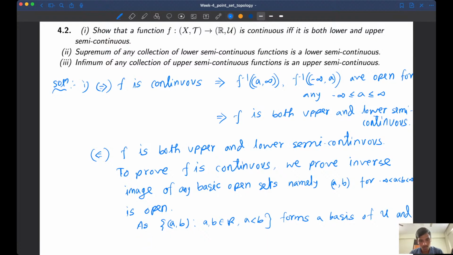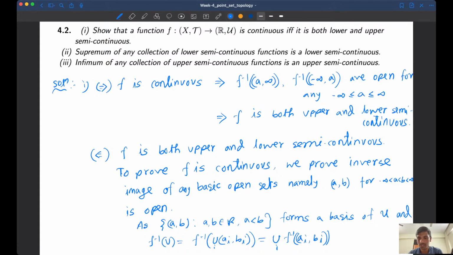Basically f inverse of U, I can write as f inverse of a union over some indexing set I of (a_i, b_i), and the inverse of this union is the union of the inverses, f inverse of (a_i, b_i). Now I know each of these inverse images is open, so a union of arbitrary open sets is again open, so finally this is open.